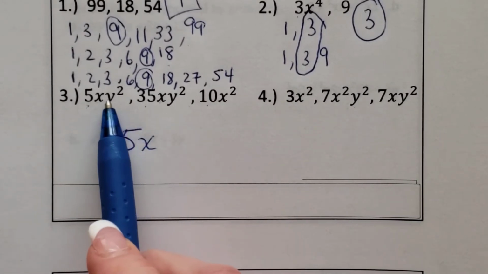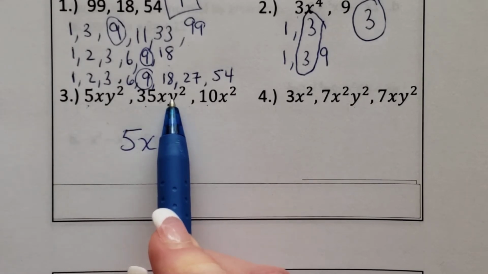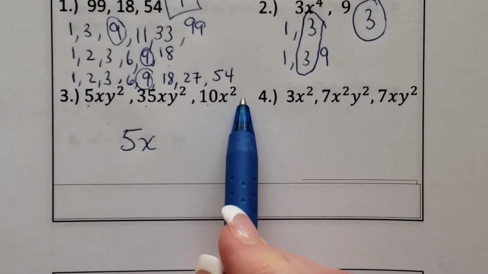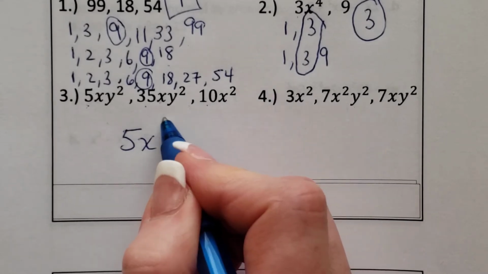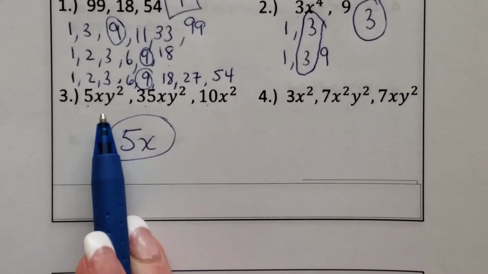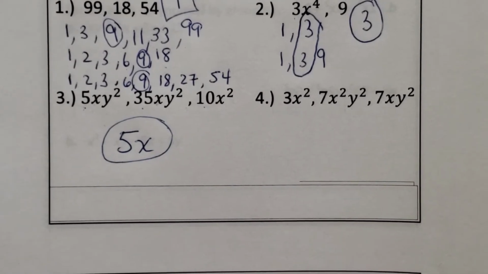And then I see y to the second and y to the second here, so I could pull out y to the second from both of these terms, but could I pull it out of this term? No, there isn't one. So this is the greatest common factor. They all have to have this factor in common, and that's the only one they all have in common.